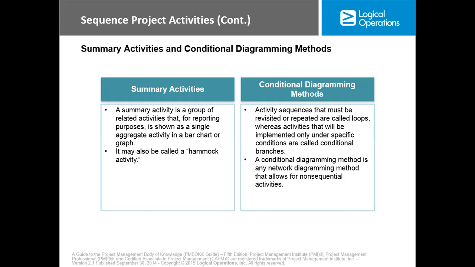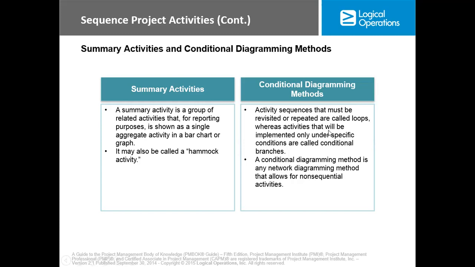Now, the conditional diagramming method. Activities that must be revisited or repeated are called loops, while activities that can be implemented only under specific conditions are called conditional branches.